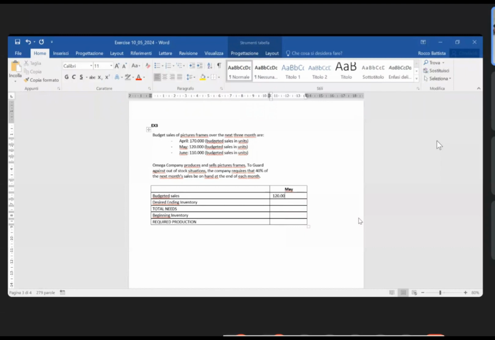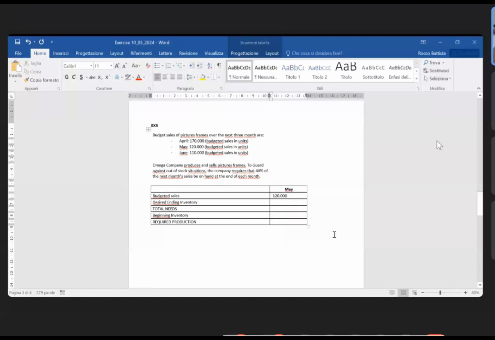Well, your colleague was right. The first number we need to put is the budgeted sale for May, which we are interested in. So in May we know that the budgeted sales in units is 120,000 picture frames.